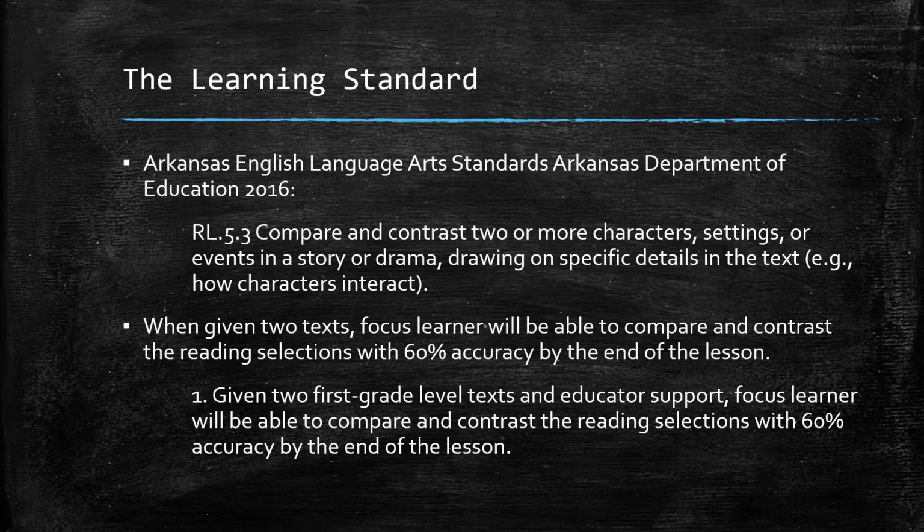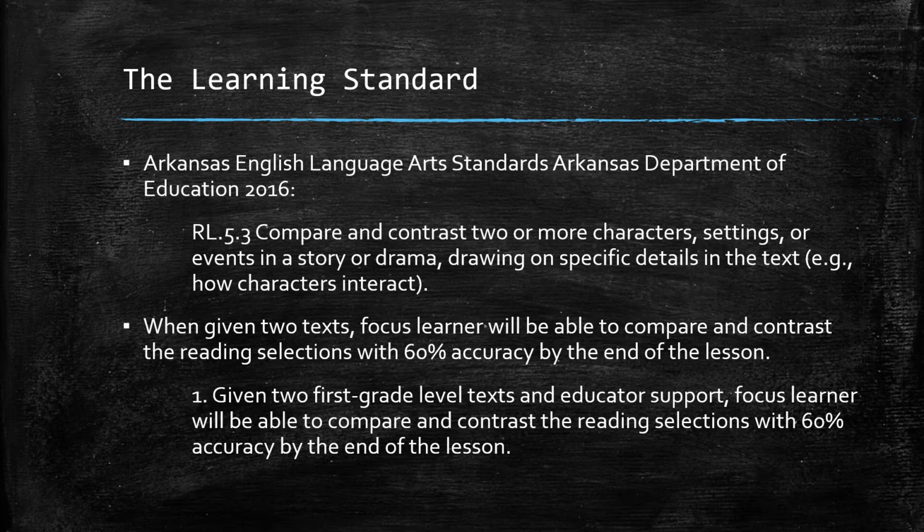The learning standard that I used for this lesson is the Arkansas English Language Arts Standard, from the Arkansas Department of Education from 2016. For this standard, students are to compare and contrast 2 or more characters, settings, or events in a story or drama, drawing on specific details in the text.